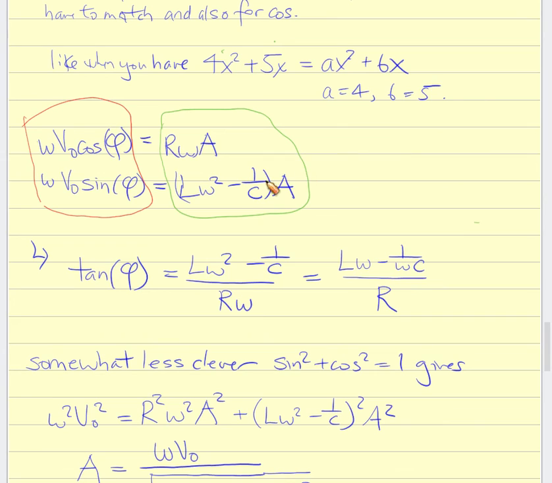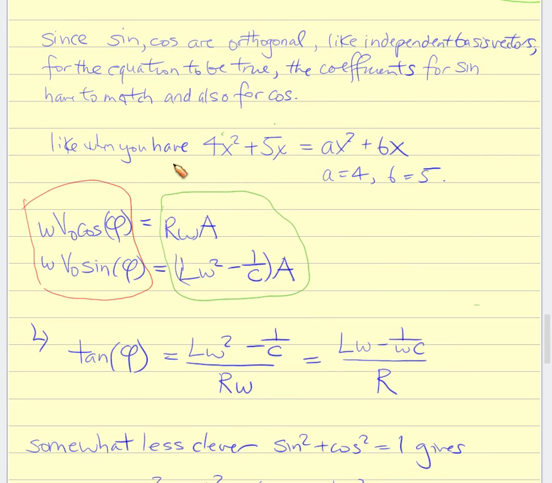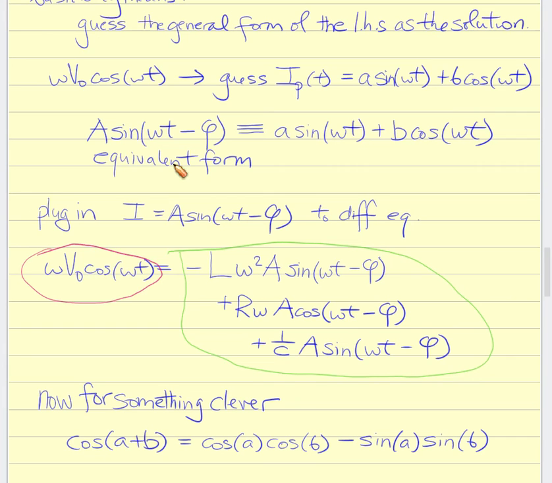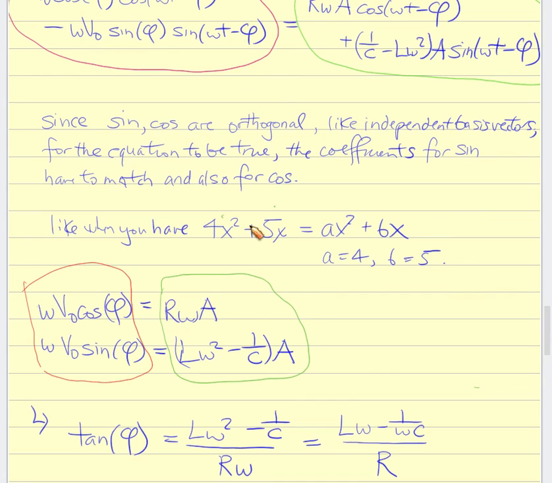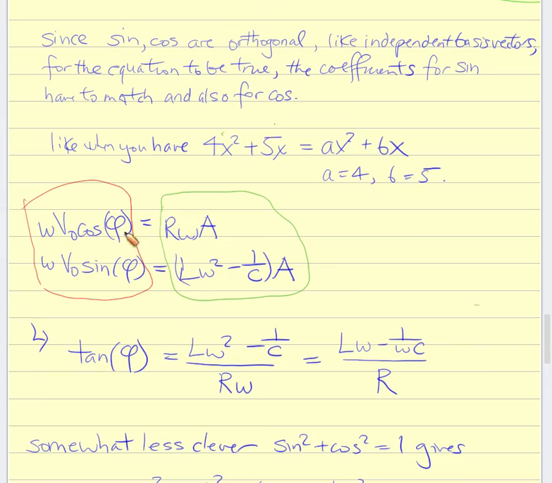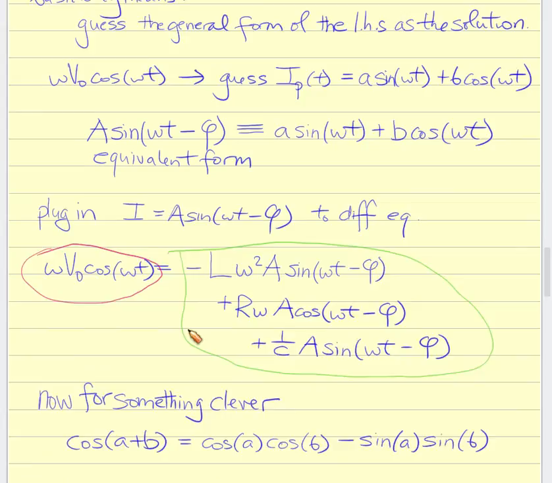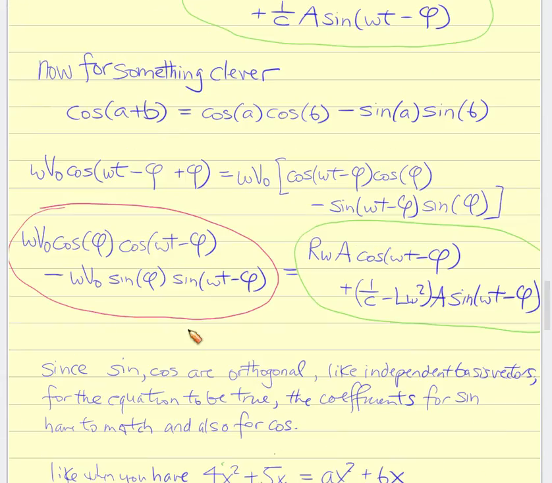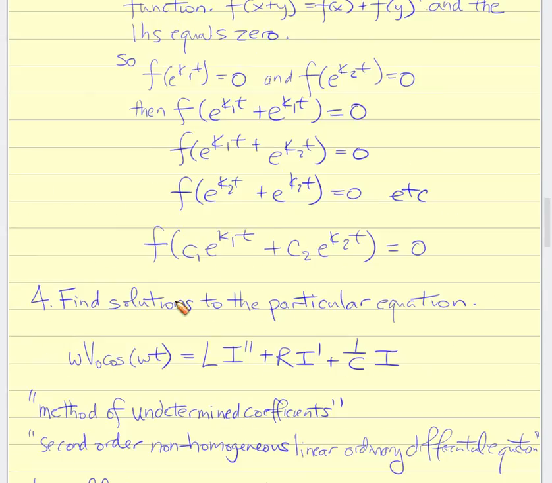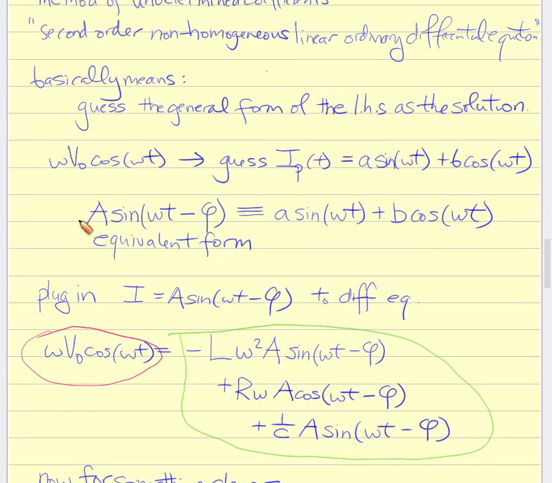And from this, we can solve for the unknowns, which are A, the amplitude of this general sine and cosine that we plugged in as our guess, and the other unknown is phi, which is the phase angle to our trial function that we plugged in.